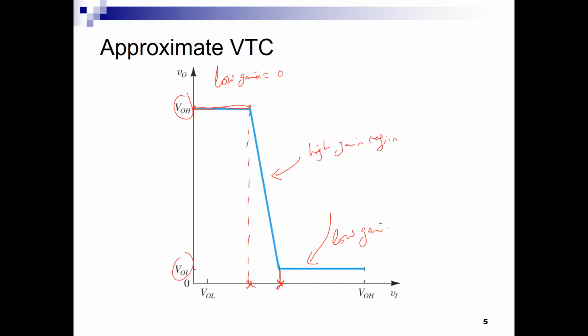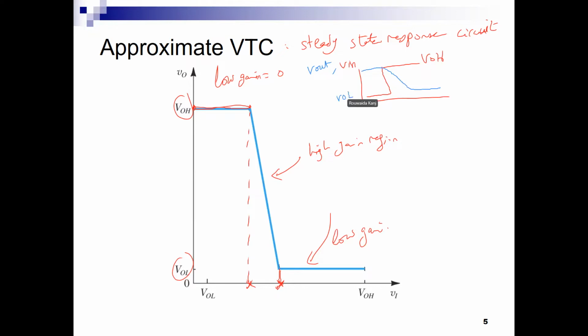Now, it is true that I am giving pulses, okay, but really this transfer function represents the steady state response for the circuit. What does steady state response for the circuit mean? If I give it an input pulse going up to VOH, my Vout is really going to be high and then it will drop, and after some time it will reach VOL.